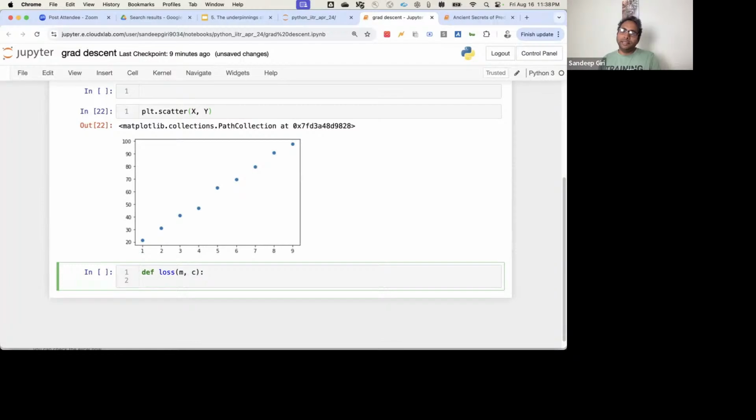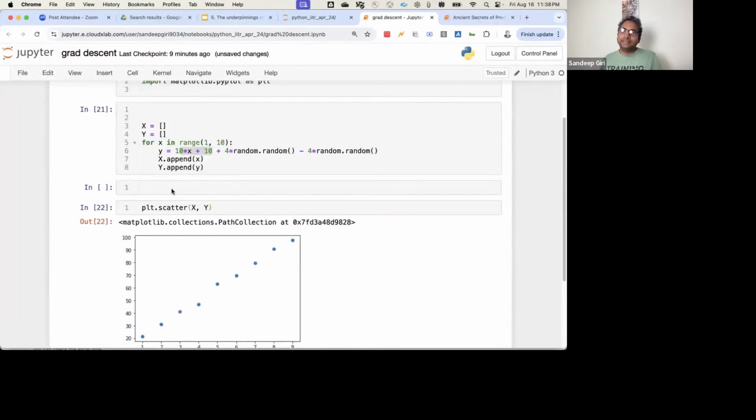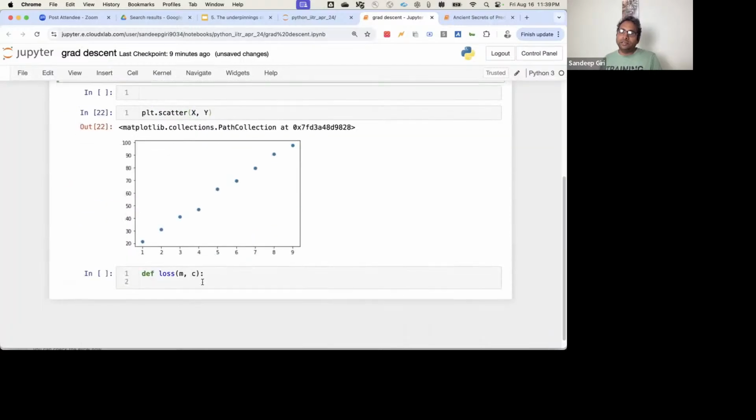Can somebody tell? This is my x and y value. Let's say we are making a random guess of a line, and we want to compute the overall loss. Let's call it squared loss.